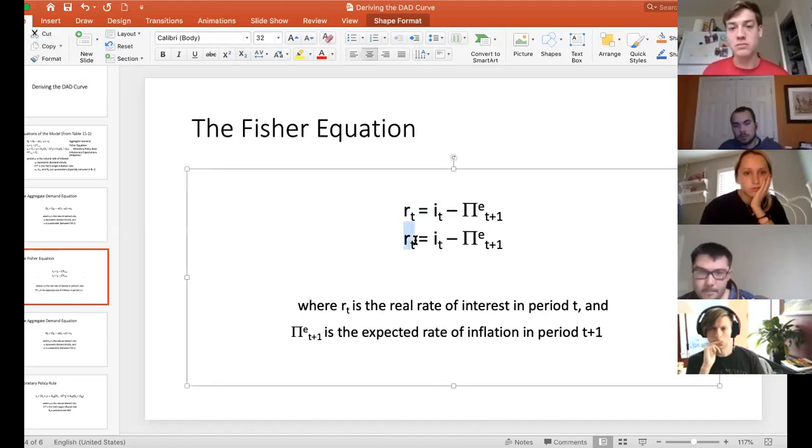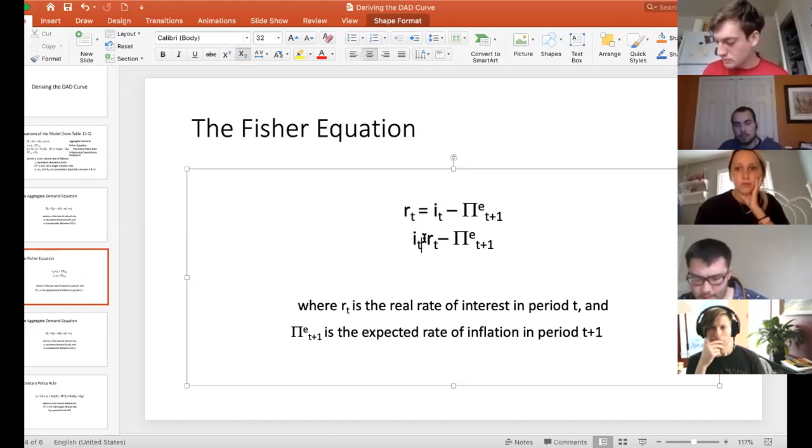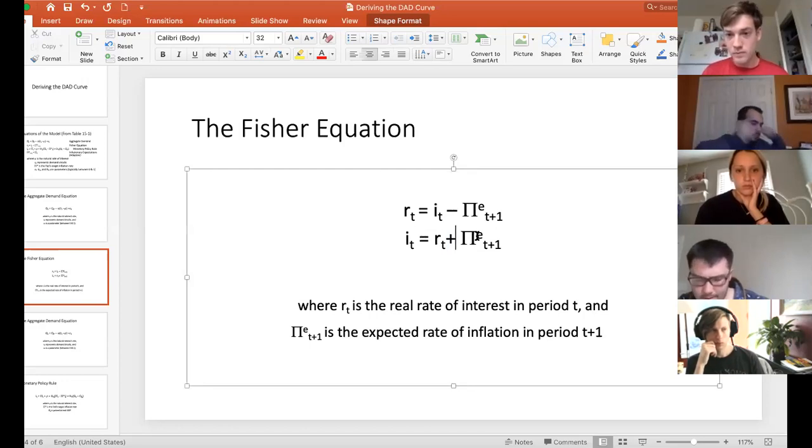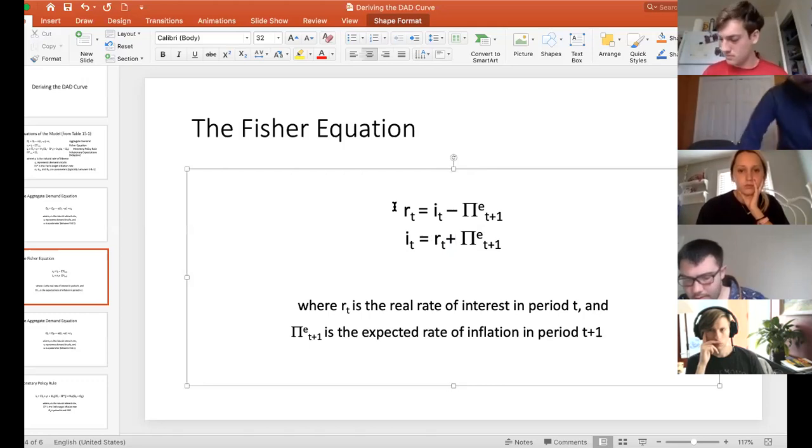So you start by saying, what real rate of return do I want to earn? That's R sub t. And what do I expect inflation to be over the course of the loan? That's pi superscript e. Add those two things together, and that's the interest rate I'm going to charge. And then if I do my forecast correctly, what I will end up with is exactly what I wanted in terms of a real rate of return.